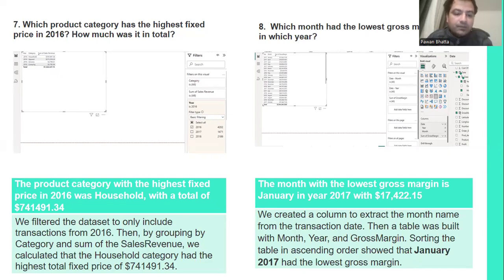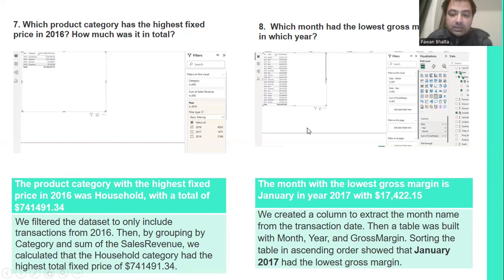Then by grouping by category and sum of sales revenue, we calculated that the household category had the highest total fixed price of 741,491.34.